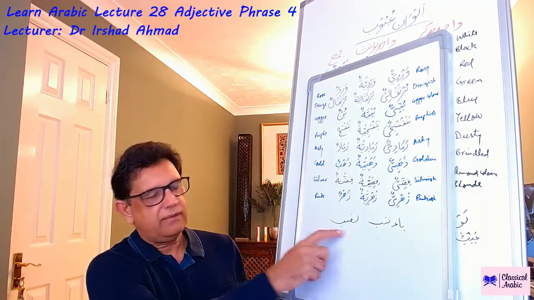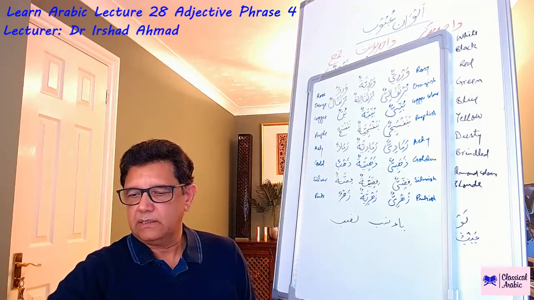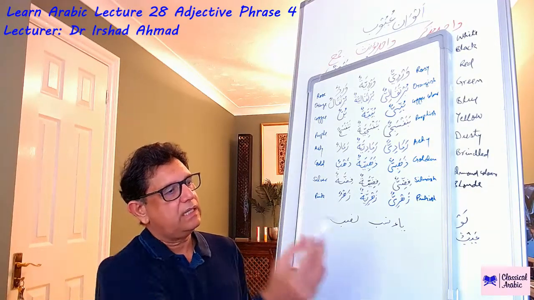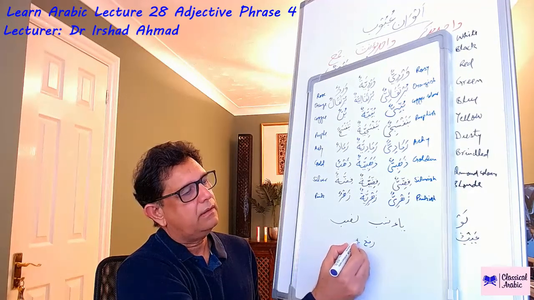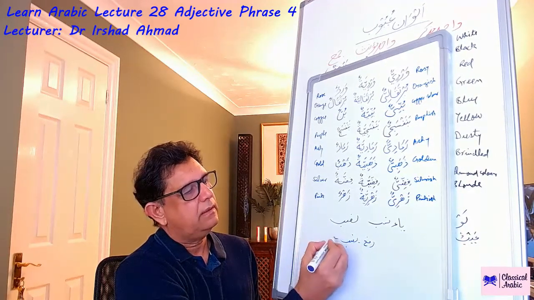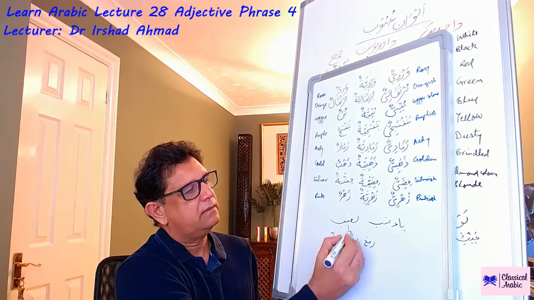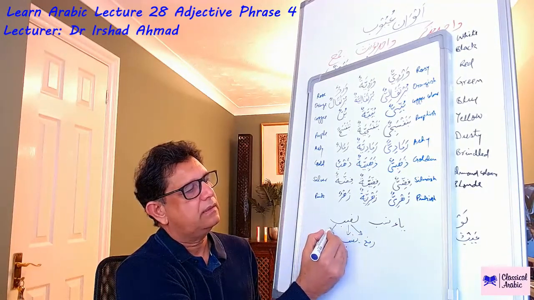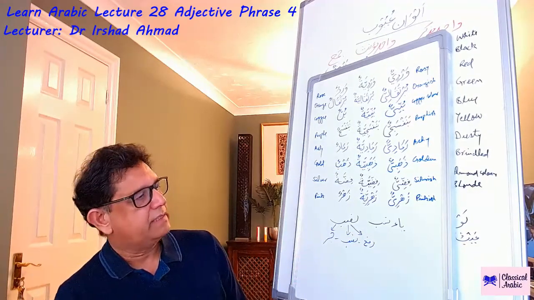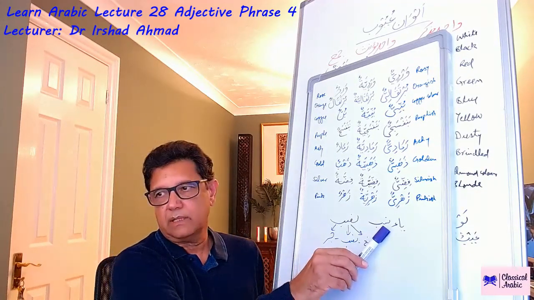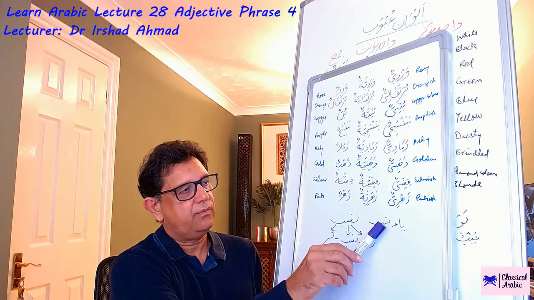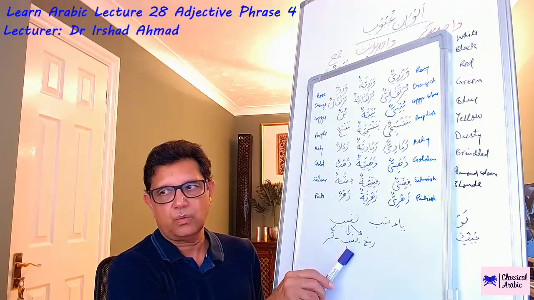This is part of our three Arabic states. We say rafa, nasab, and jar. So these three Arabic states. And so this nasab is clearly different from this nasab, which is with seen and not with swad.